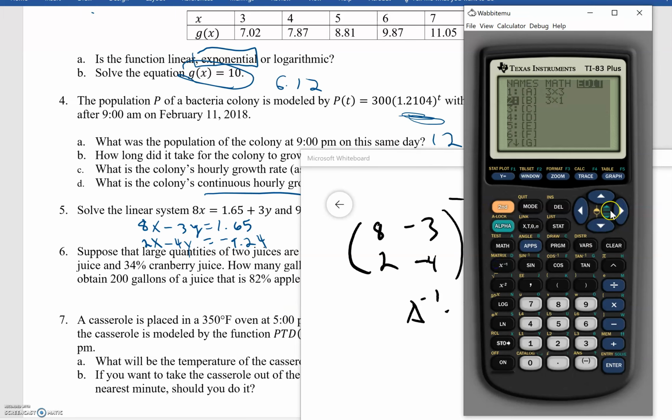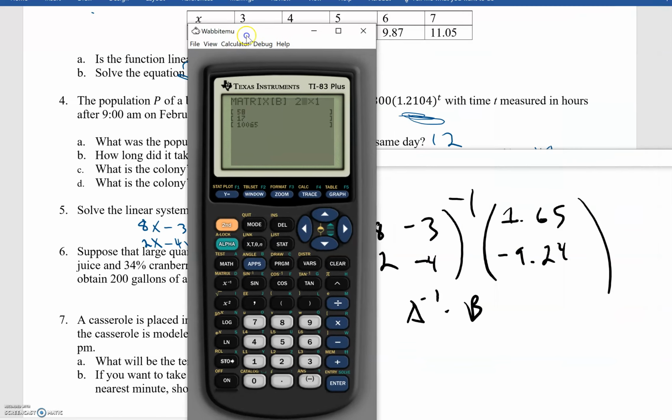Matrix A is going to be a 2 by 2. And there is that. And matrix B is going to be a 2 by 1.